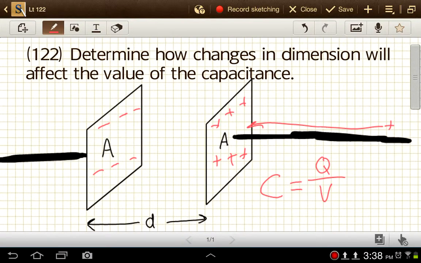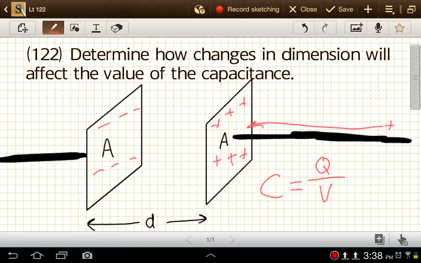They're farther away than these positive ones, so this is a smaller effect. The positive charge doesn't want to get there, and we're still going to have to do some work to make that happen, but because these negative charges are there, it's going to be a little bit easier. And it turns out it's even easier if these negative charges are closer. So if we minimize this value of d, then our capacitance increases.